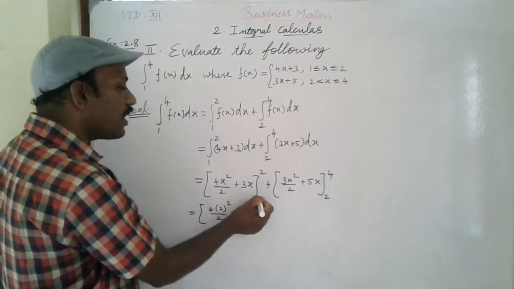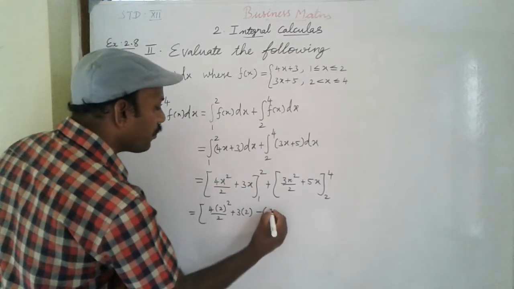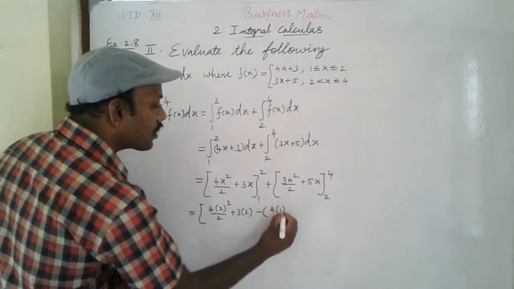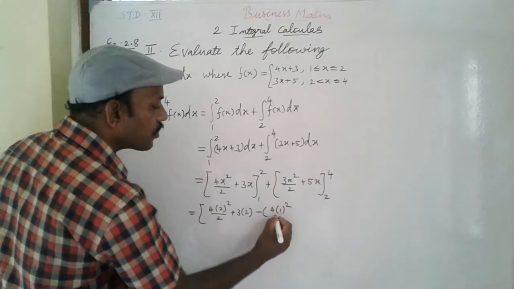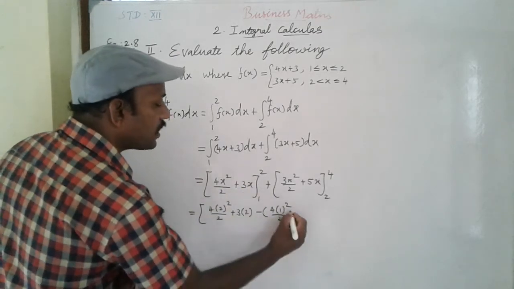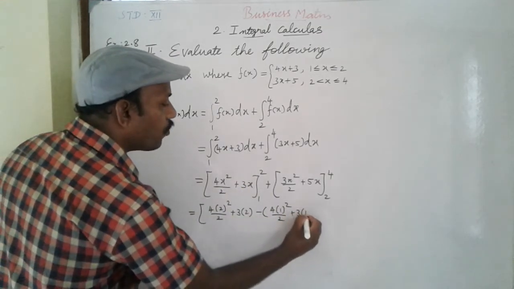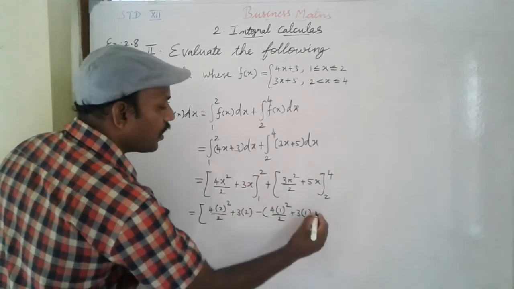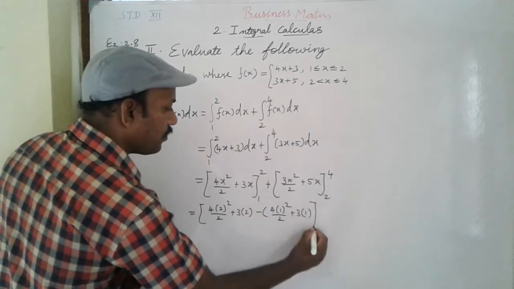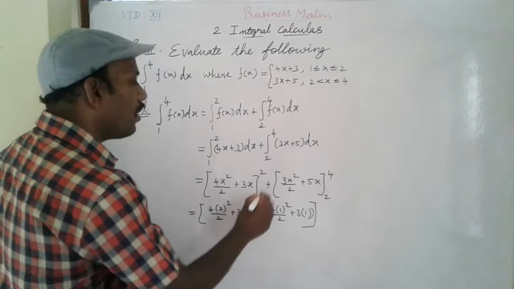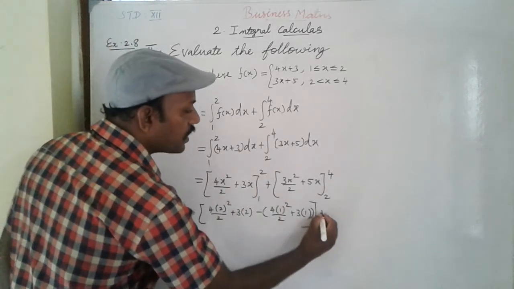So minus of 1 is the second limit. We should substitute 4 into 1 square divided by 2 plus 3 into 1. Next, plus is the symbol plus.